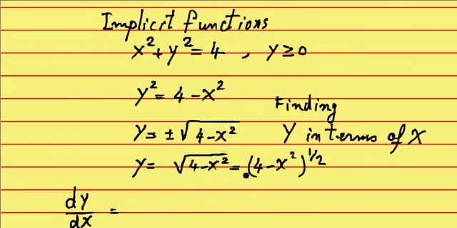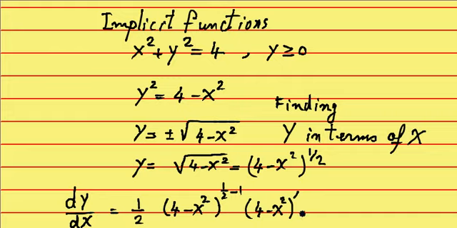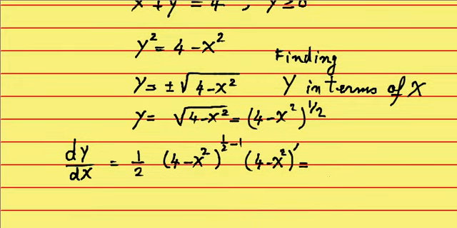And if I want to differentiate it, I'm just going to apply the power and chain rule: take the exponent, then say 4 minus x squared to the power of, reduce the exponent by 1 notch, and then differentiate the base, and then clean this up.